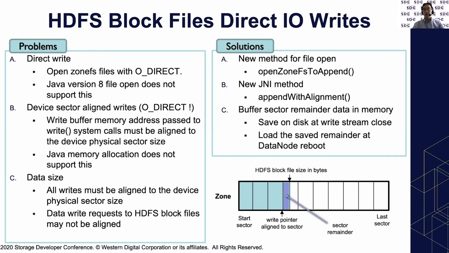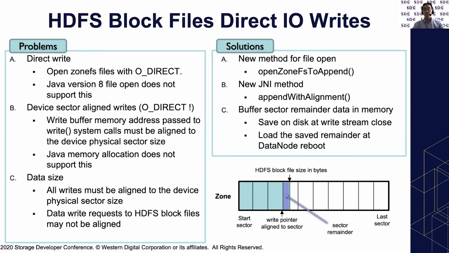The Hadoop HDFS still must be built with JDK version 8. Then file open with direct I/O cannot be done. How to specify all direct flags at file open? This is the first problem.